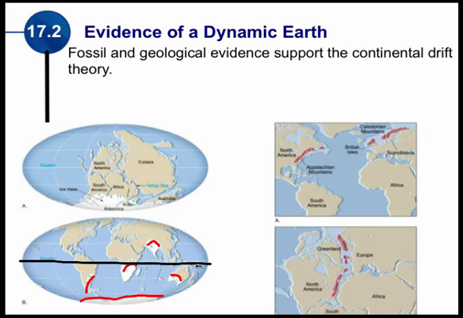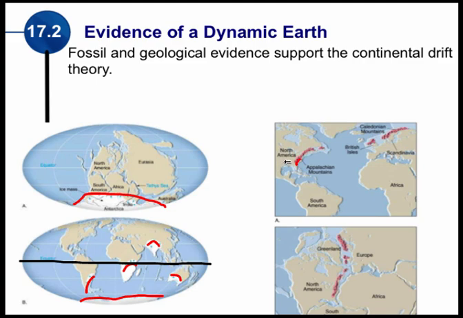How is it possible to get glacial evidence way up here north of the equator, and it magically stops in South America but goes in Africa and doesn't take up all of Australia? How Wegener explained it was that the only way this is possible is if these continents were all together on the South Pole.